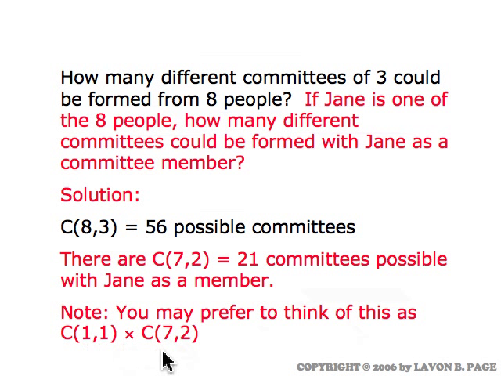So if you think of these 2 sequential steps, we're picking Jane from Jane, only one way of doing that, times we're picking 2 of the other 7, and that will give us a 3-member committee with Jane as one of the members. But in any case, however you think about it, 21 ways to do it. If we're including Jane on the committee, 21 ways; 56 possible committees if we have no restriction on which 3 people we choose.